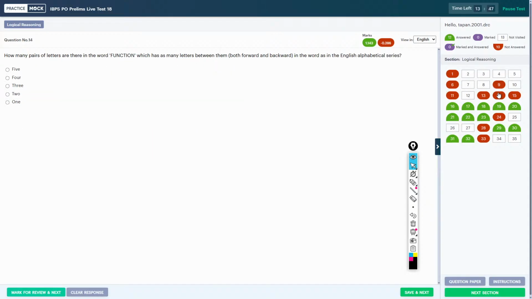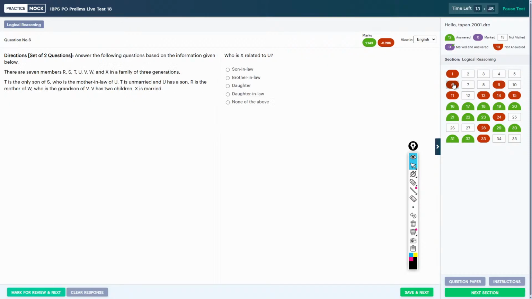3% family. So, okay, 7 members. T is the only son of S. Who is the mother-in-law of U? Okay, S is mother-in-law of U. T is unmarried.